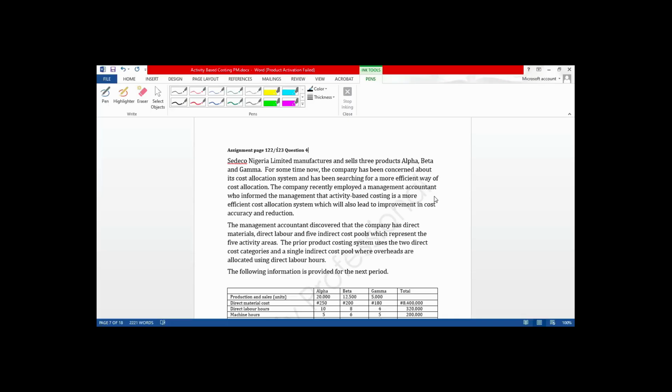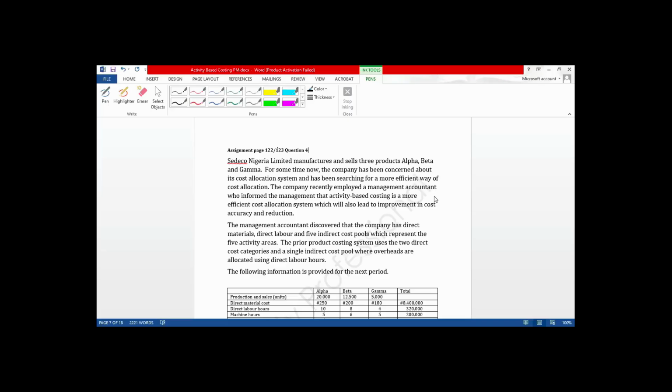The prior product costing system uses the two direct cost categories and a single indirect cost pool where overhead are allocated using direct labor hours.